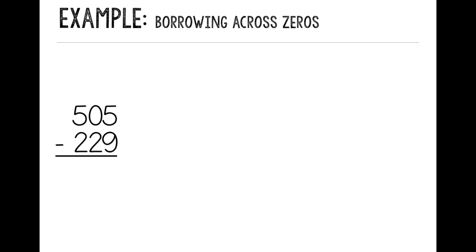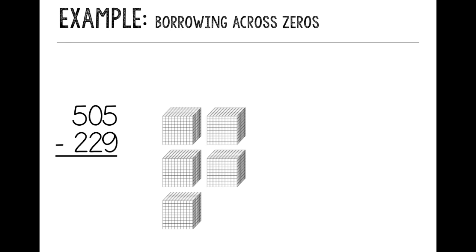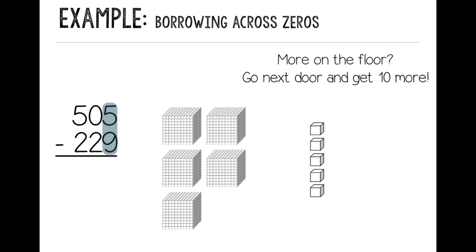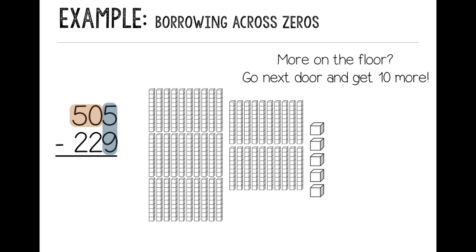Here's another example when we have to borrow across a zero. If I'm subtracting 505 minus 229, I have 505, I start in my ones place, 5 minus 9. More on the floor, so I have to go next door and get 10 more. But when I look at my neighbor, the neighbor is a 0. I can't borrow from him. So instead, I have to look at my bigger neighbor, 50. And I can think of that 50 as 50 tens.